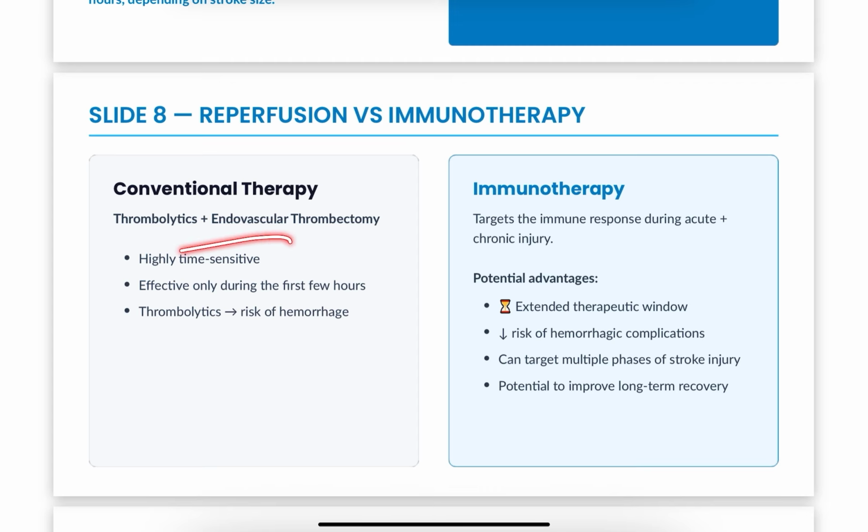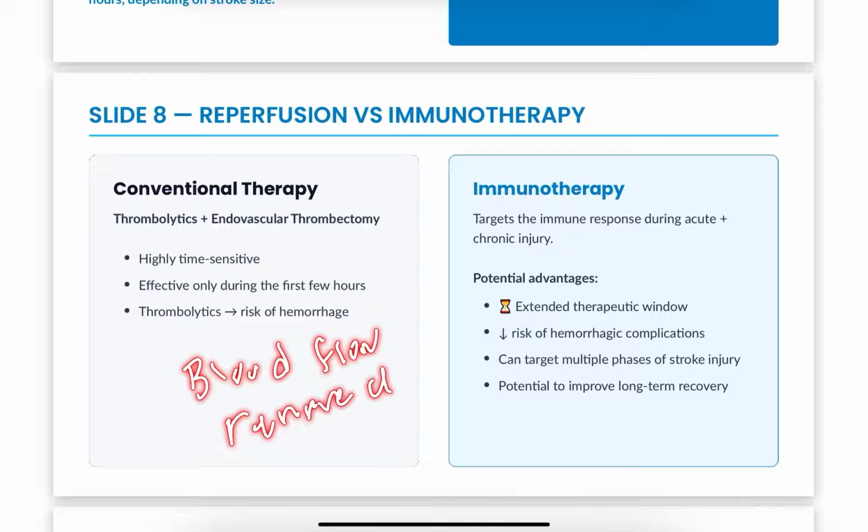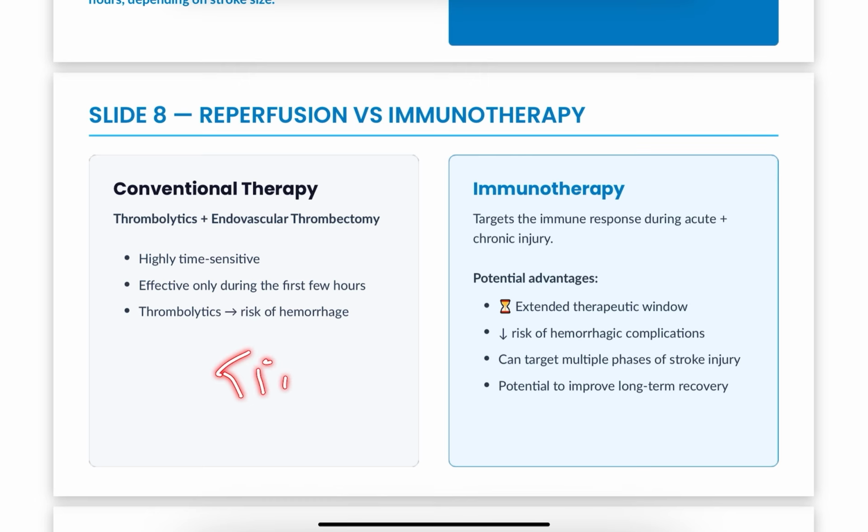These are extremely important treatments because they restore the blood flow, or they actually remove the clot. But the major limitation is that they're strictly time sensitive, as we said in the beginning of this lecture, we need to pay attention to time. They have to be performed within an appropriate therapeutic window, particularly during the early hours of the symptoms.